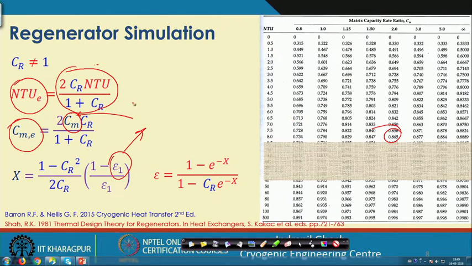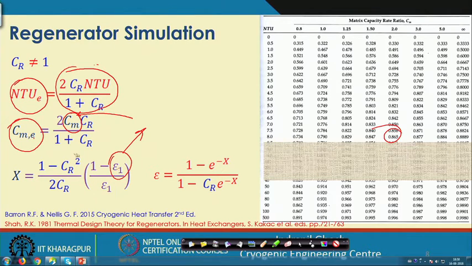Now, we are trying to use it for CR not equal to 1, and we have defined the effective NTU and effective CM. With those values, the effectiveness we get is known as epsilon 1.